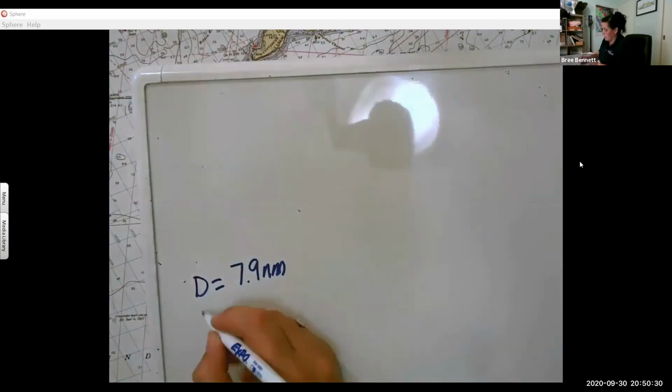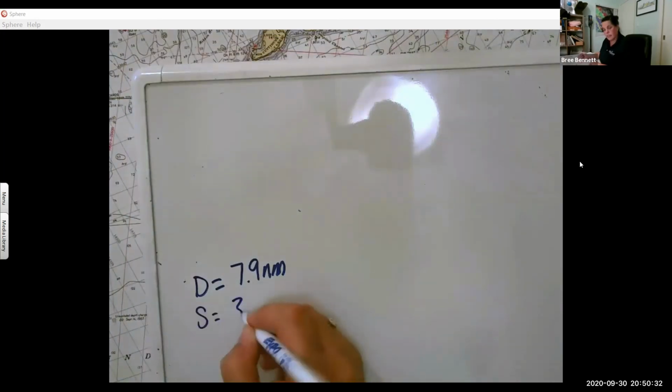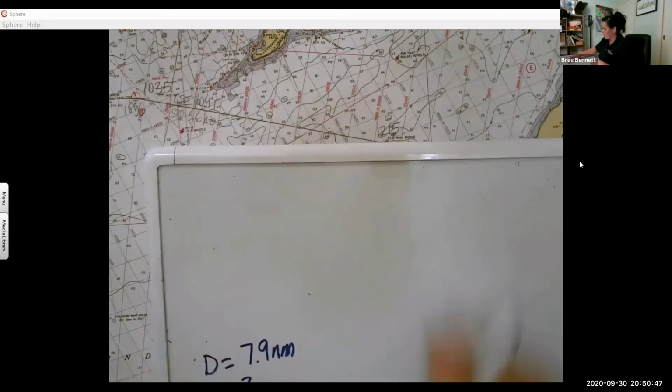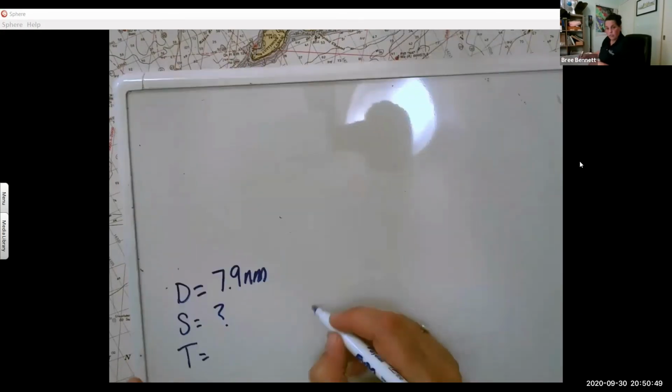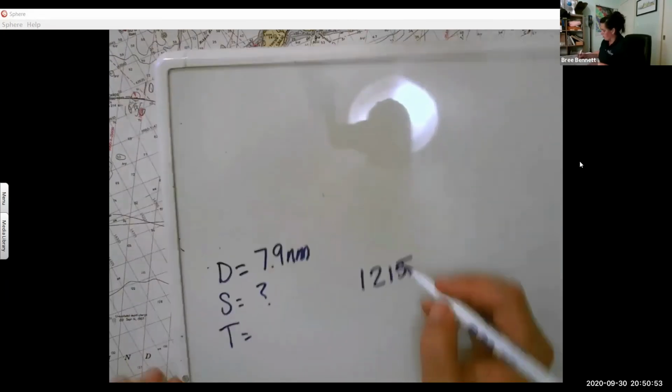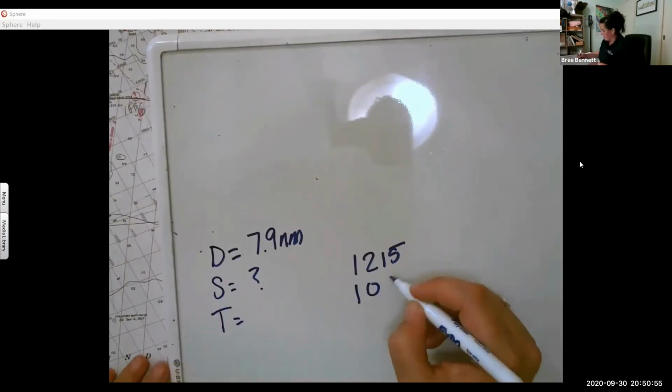We want to know what our actual speed was. And then for time, we have two clock times, and we need to know what the minutes are. We had our arrival time of 12:15, and our departure time of 10:56.